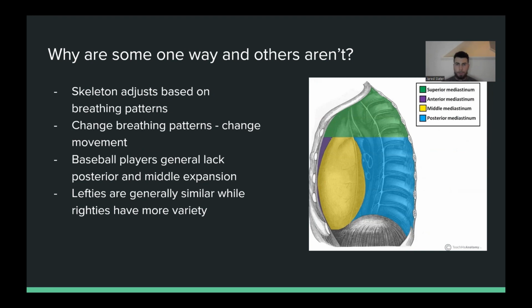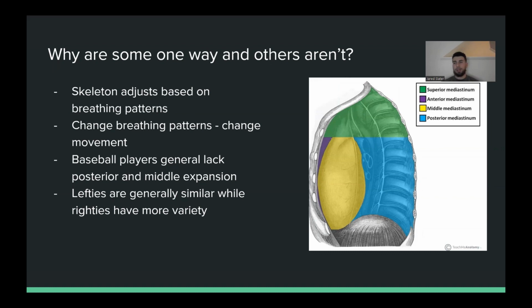Why does this happen? Well, it happens because the only thing the body wants to do is stay alive. It does that through maintaining homeostasis. Homeostasis is regulated through breathing. And therefore, your body's orientation and the way the skeleton is based on your body's ability to stay alive. It's going to change its skeleton in order to breathe more efficiently.